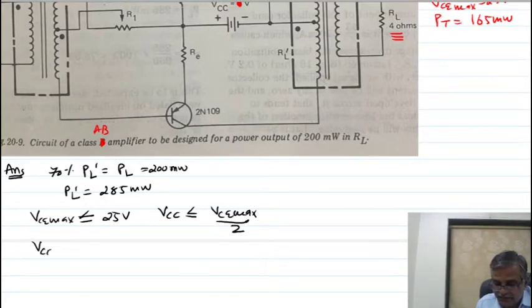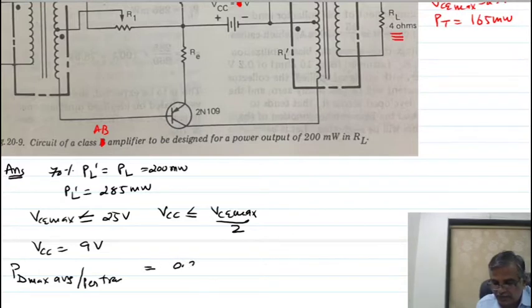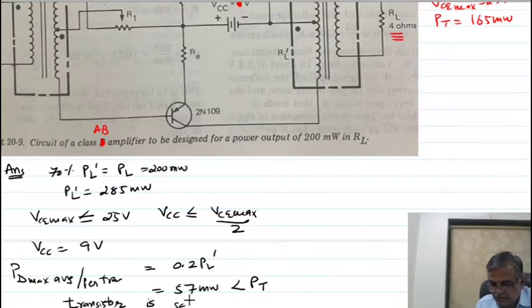So I am taking VCC 9 volt. Now second, PD max average per transistor is slightly more than 0.2 PL dash, slightly more than this, not more than that. So 57 milliwatt is less than PD, so the transistor is safe.